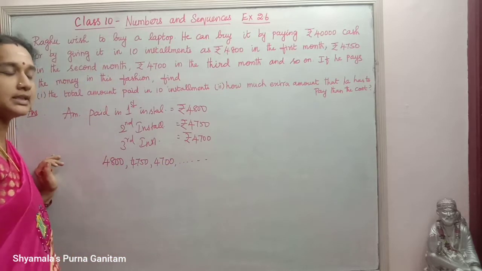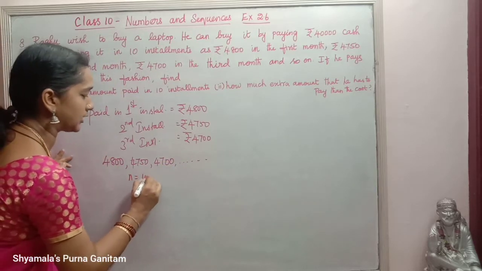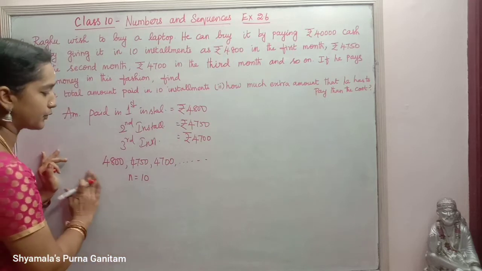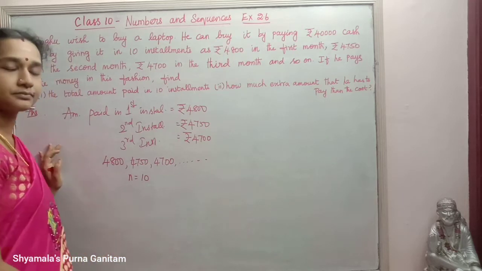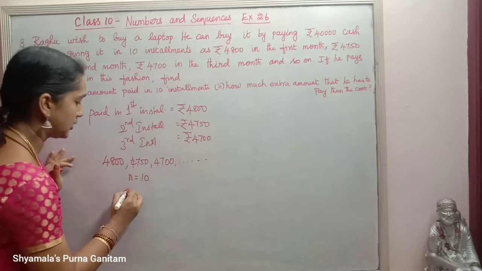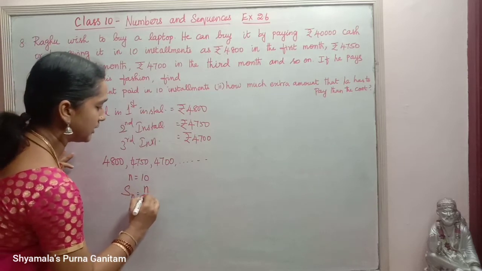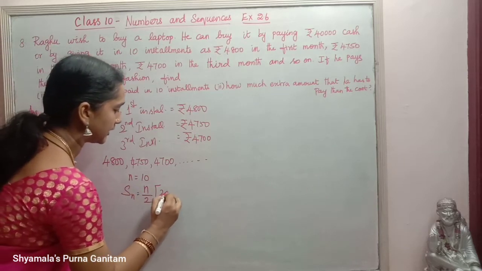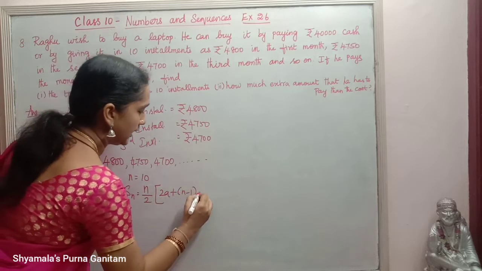N is given as number of installments, which is 10. So from this we can find the Sn. Sn is equal to n by 2 into 2a plus (n minus 1) into d.